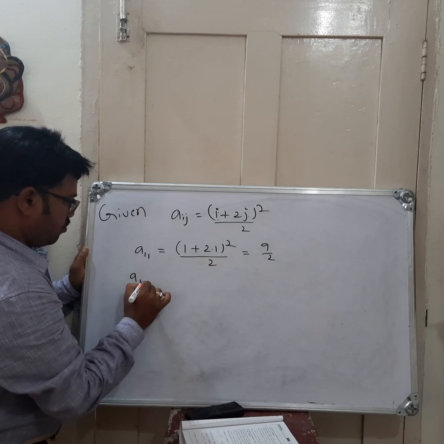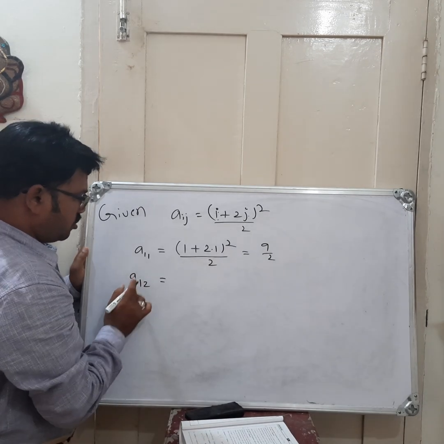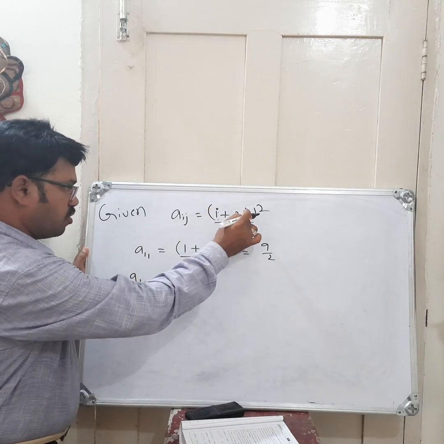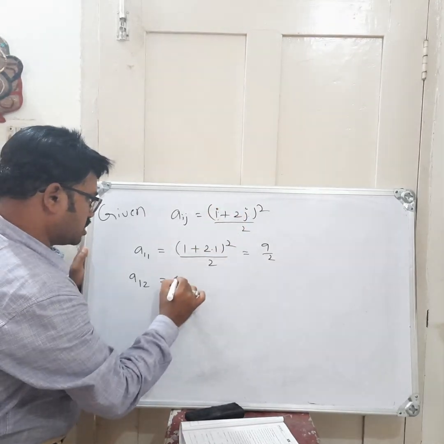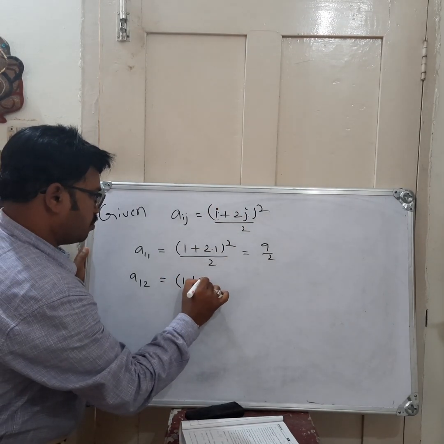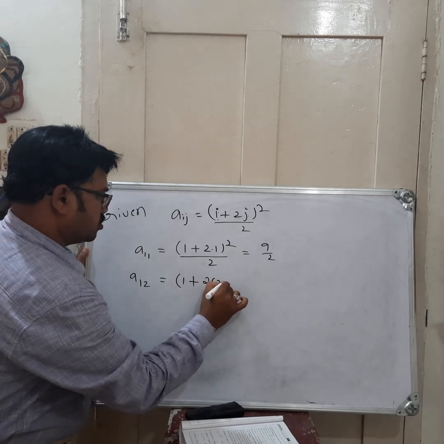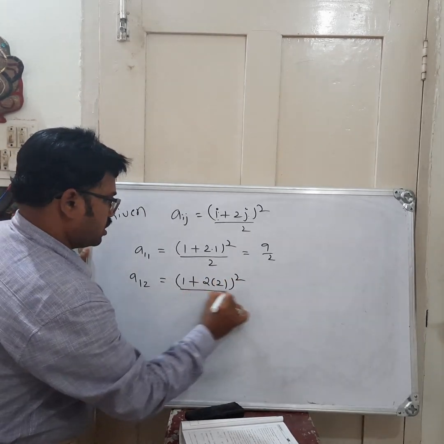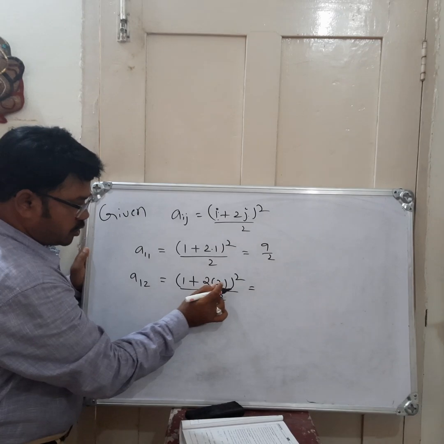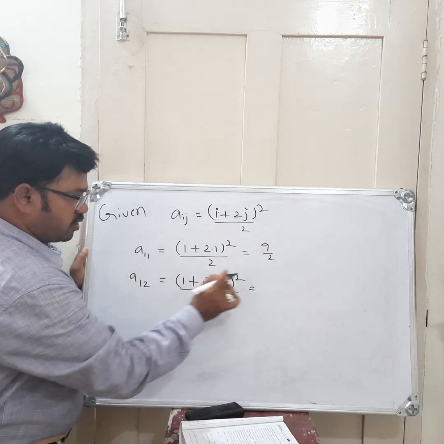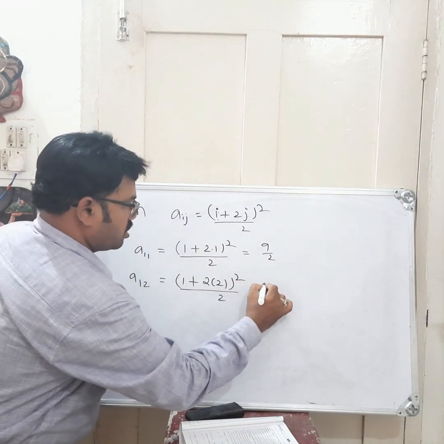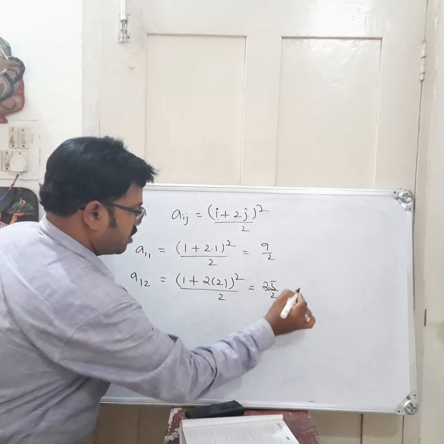Next A12. Here you have to take i equal to 1 and j equal to 2. Substitute in this relation: (1 plus 2 into 2) whole square divided by 2. Here 2 2s are 4, 4 plus 1 is 5 and whole square, 5 square value is 25, divided by 2.